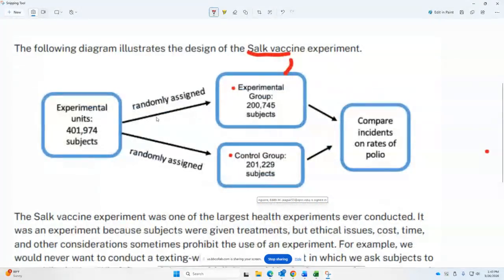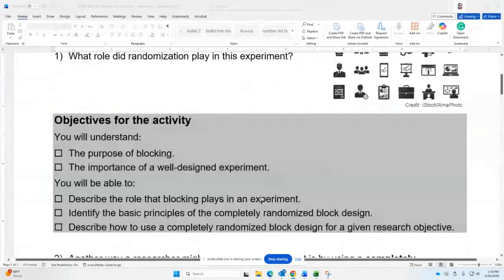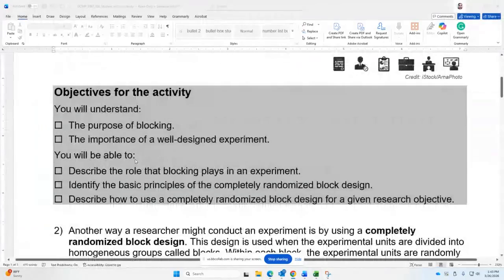So you do random assignment, that's what randomization is. If you do random assignment, not random selection, but random assignment, you assign these subjects either to the experimental group or to the control group. So everyone has an equal chance of being in either of the groups. Okay. So these are the objectives.